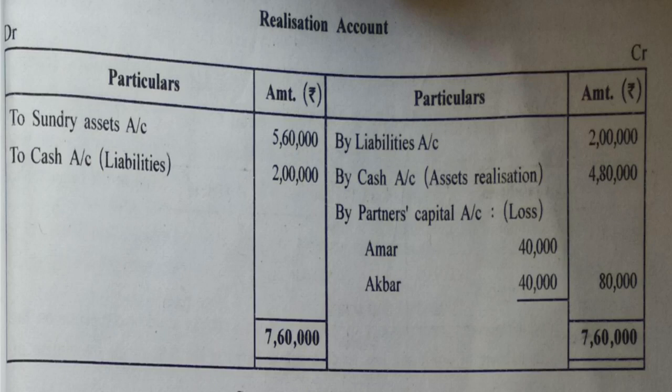But your question says that there is a loss of rupees 80,000 on realization. So assets are of rupees 5,60,000, but they have realized 80,000 less. That is loss. So 4,80,000.